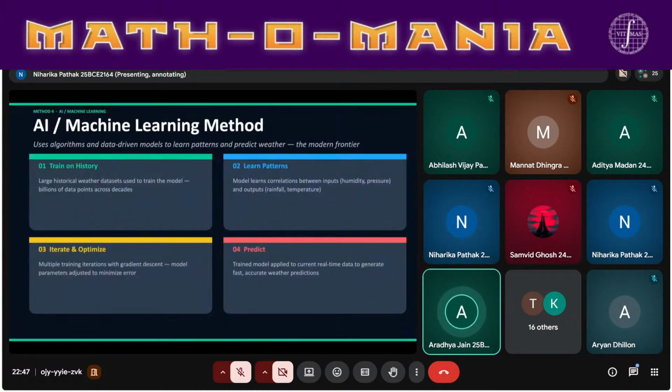This is the method which we use in the modern world, that is the AI and ML method, or artificial intelligence and machine learning method. What this method does is that it uses algorithms and data-driven models to learn patterns and predict weather. We are doing the same thing which we did in the previous ones, but now we're not just collecting the data, we are actually training on that data.